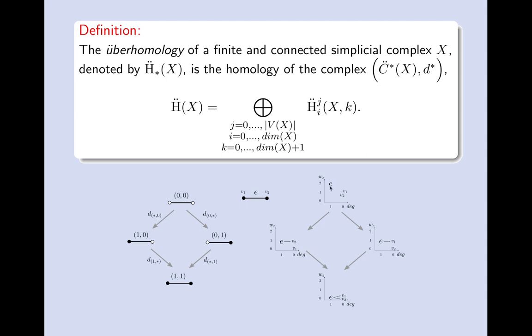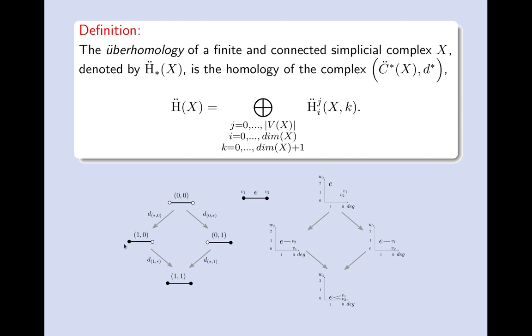So we'll have E in bidegree 1, 2, since it has dimension 1 and has 2 white vertices, and then V1 and V2 in bidegree 0, 1. So the homology in this first part will be generated by everything, since there are no differentials in the all-white coloring. So E will generate a non-trivial summand of the homology in bidegree 1, 2, and so on for these others.